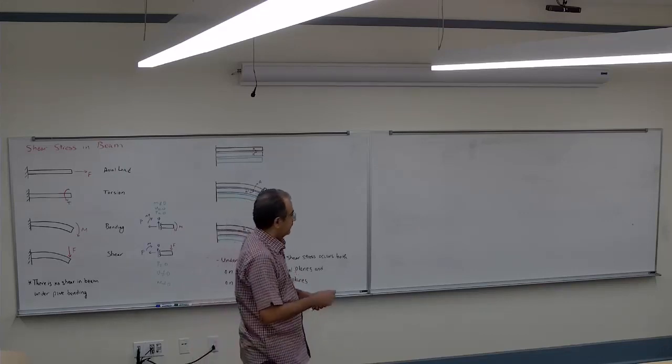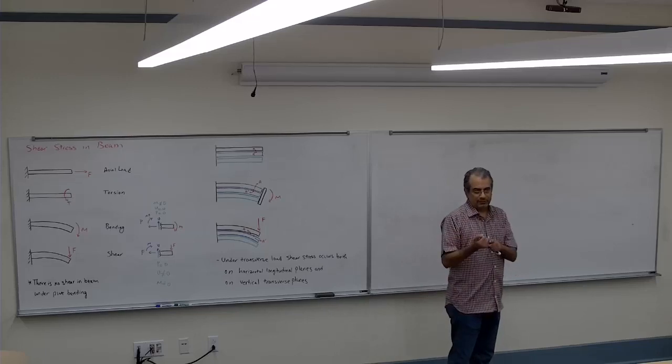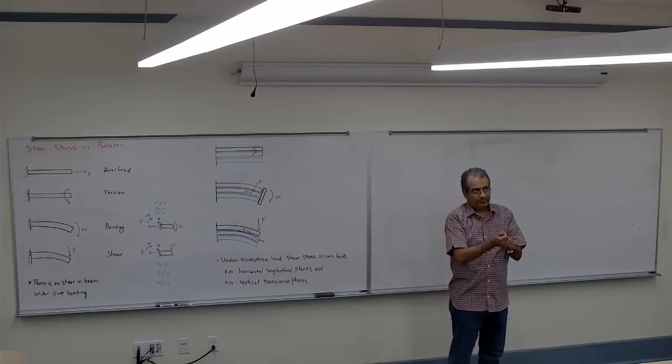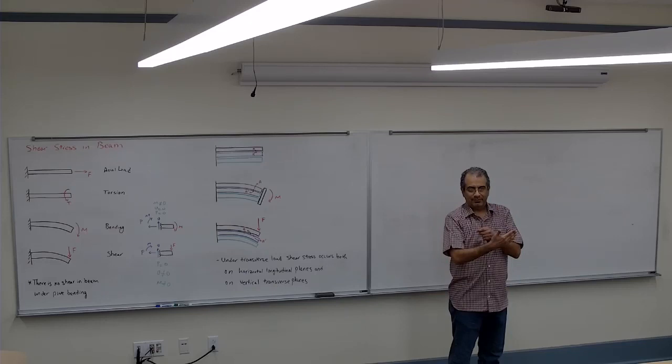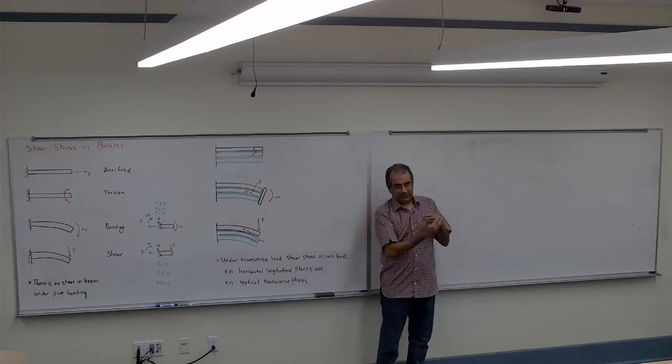I once had baseball player students, and we use the same example. When we hit the ball with the baseball, with the what's that? Bat. The bat. When it breaks, it breaks horizontally along the length of the bat, not perpendicular to the bat. The reason is that the wood is much weaker in the horizontal plane rather than the vertical plane.